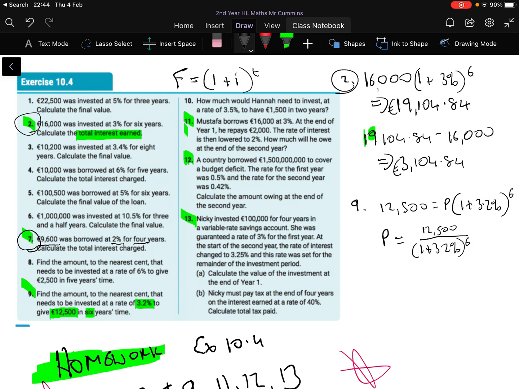Put that into your calculator, and P is equal to €10,347.41. That's how much it needs to be now to be worth 12,500 in 6 years' time.